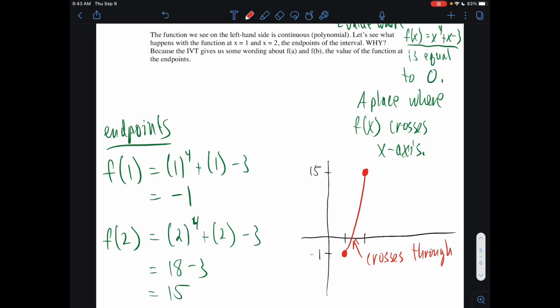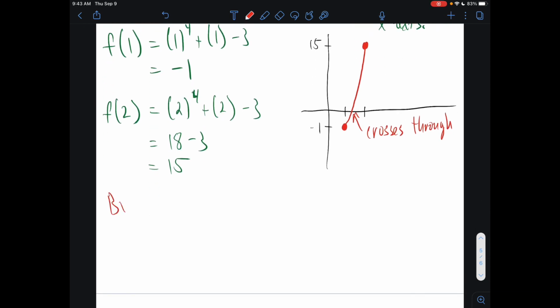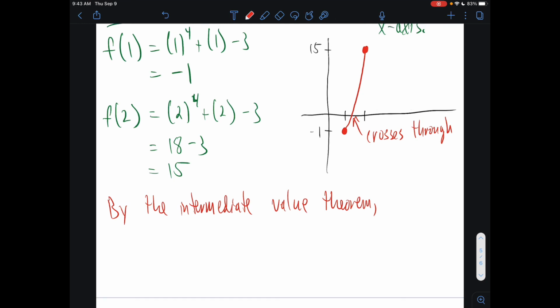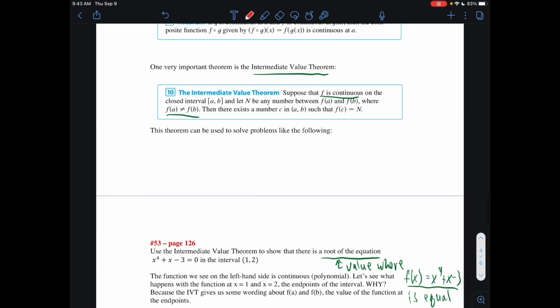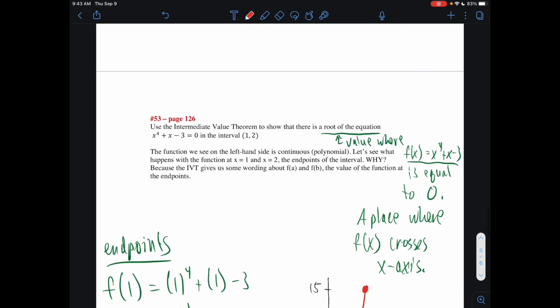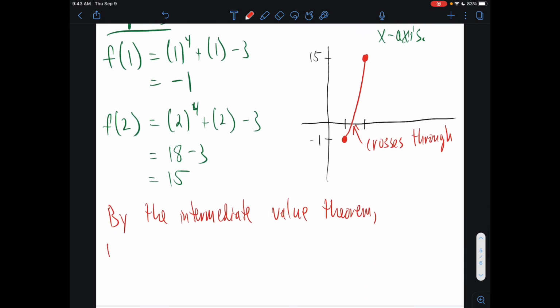So, by the intermediate value theorem, and if we use the wording of the intermediate value theorem, there exists a number c in the interval 1 to 2. So there exists a number c that's between 1 and 2.